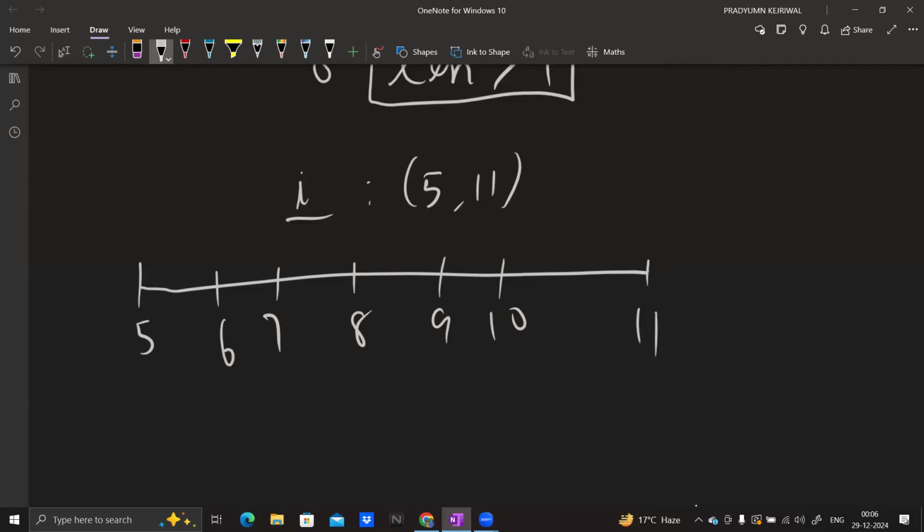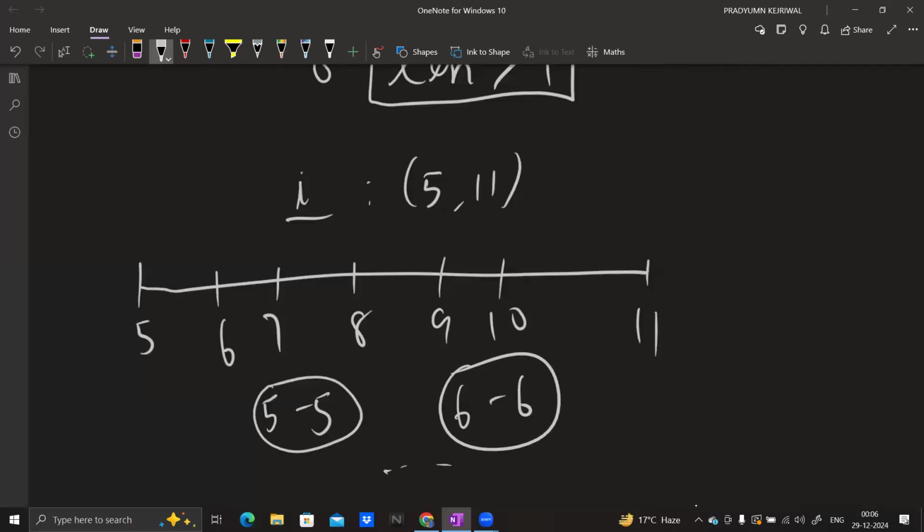So if all the elements from 5 to 11 have been taken, then only the answer is no. What do I mean? That there is some other element which is 5 to 5, some other element which is 6 to 6, and so on. All of these exist in our condition, 7 to 7. So if all of these exist, then we have no place to put for this I. So in this range, if all are taken, then definitely we know that the answer for this would be no.